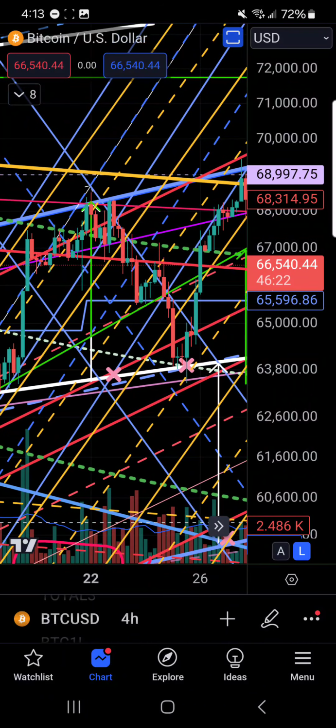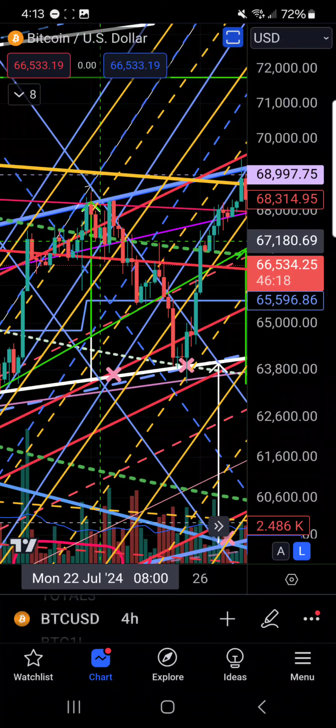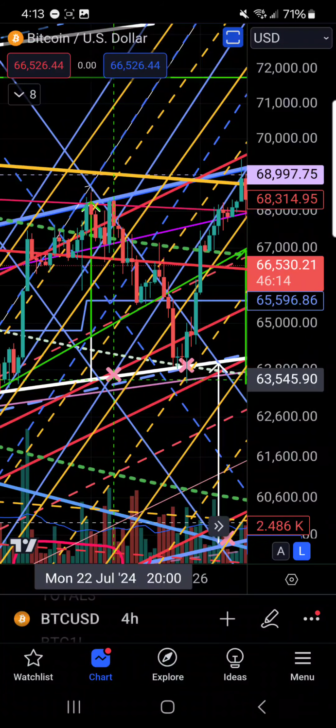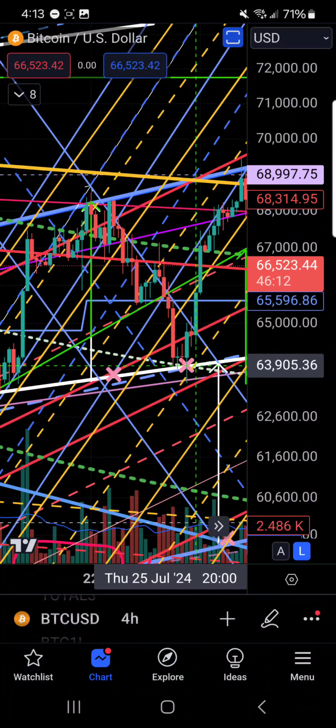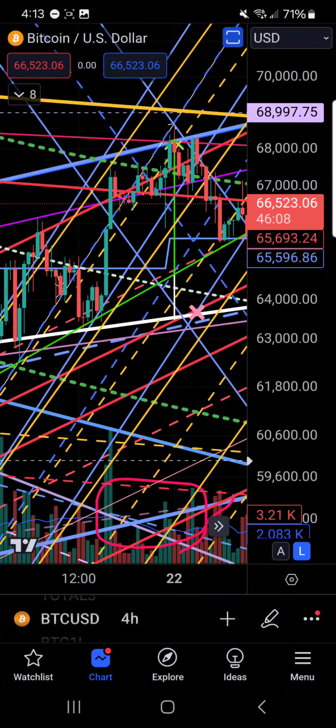And then, okay, so this is what we covered in the last video. I was looking for us to form this head and shoulders pattern coming down to these 2 X's here with this white line as the neckline of the channel.